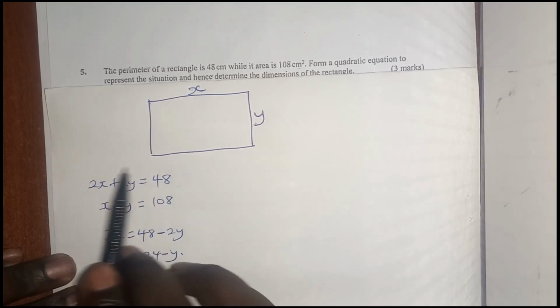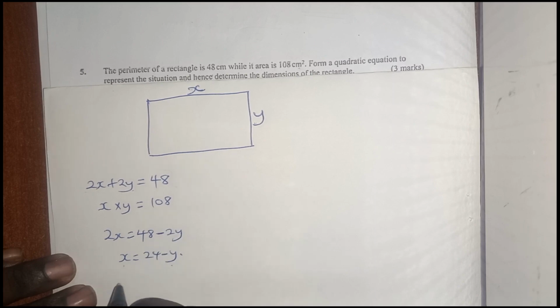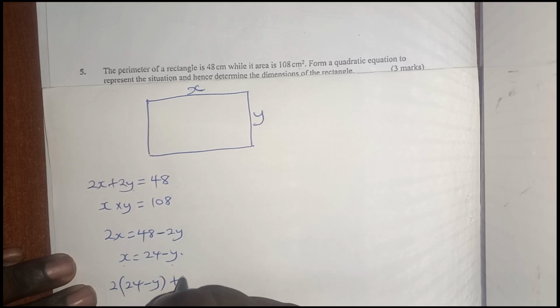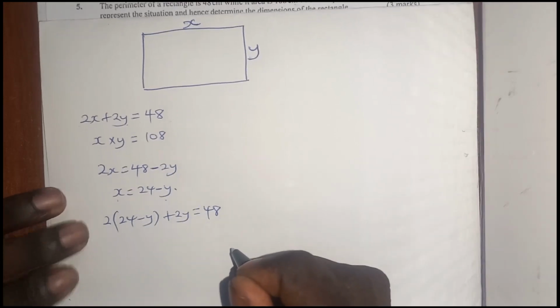Okay, so let's write x in terms of y. We feed it into the equation here. We say 2 into 24 minus y plus 2y equals 48.